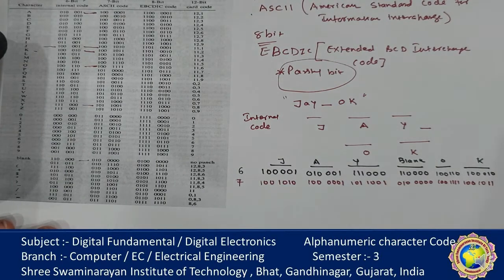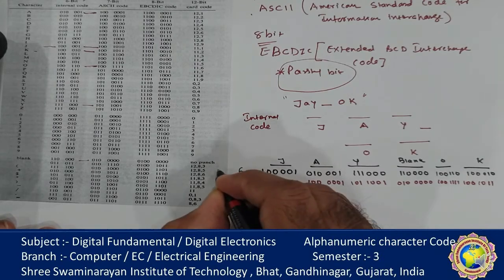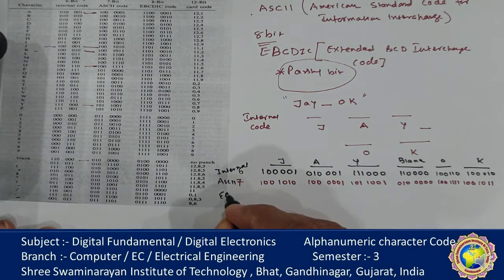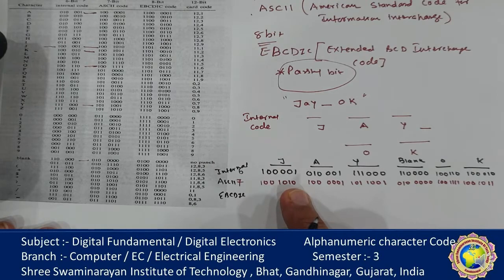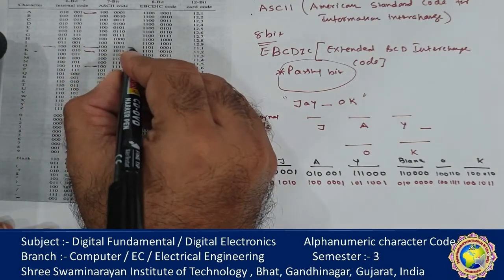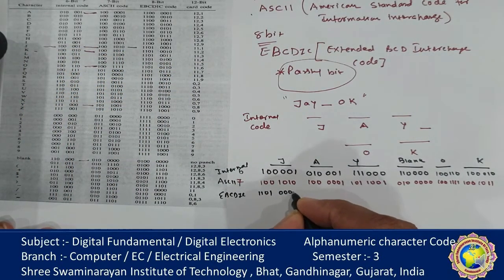Similarly, we can also write this for ASCII code; that was the internal code, and now EBCDIC, where the parity bit is added. Here the 3 plus 4 combination now becomes a 4 plus 4 combination. So now J is equal to 1101 and 0001.